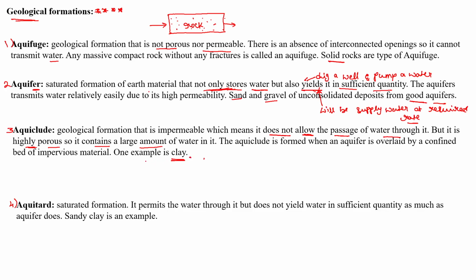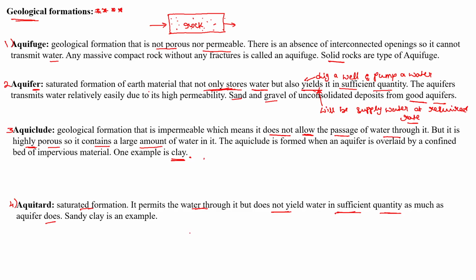Okay, the last one is the aquitard. This is similar to the aquifer. It is a saturated formation, so it permits the water through it, but does not yield water in sufficient quantity as much as an aquifer does.